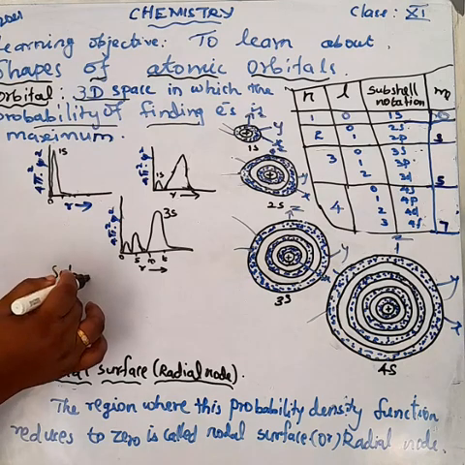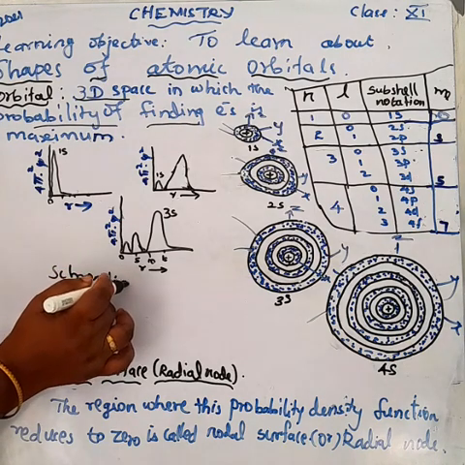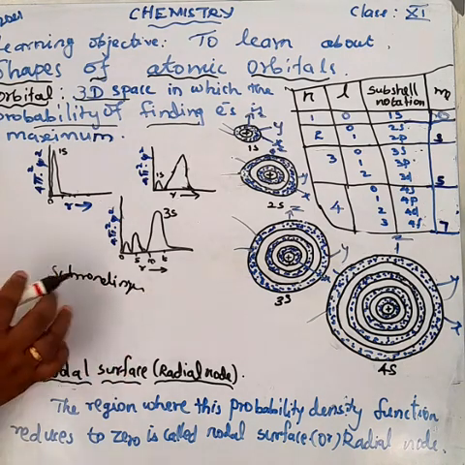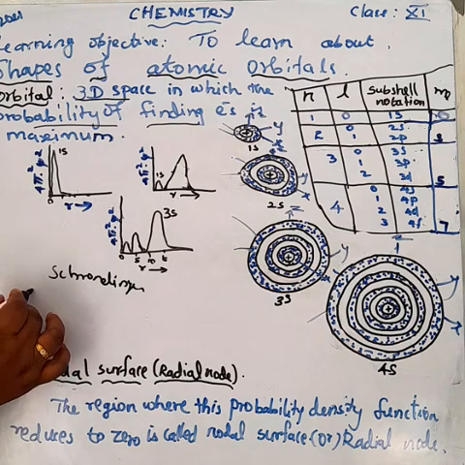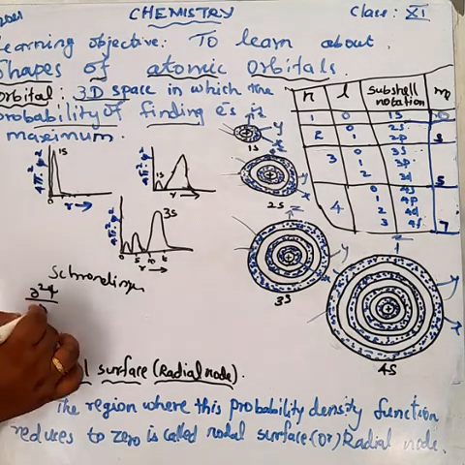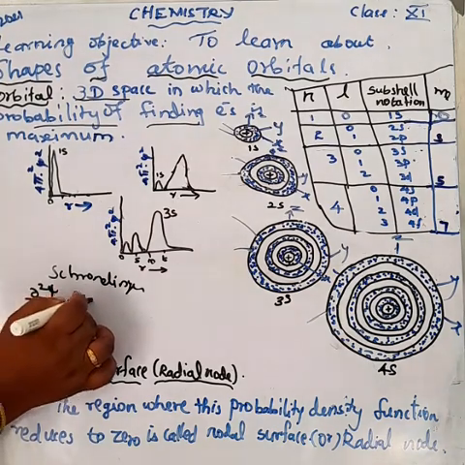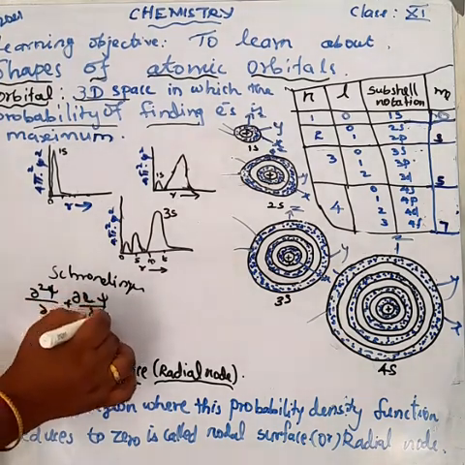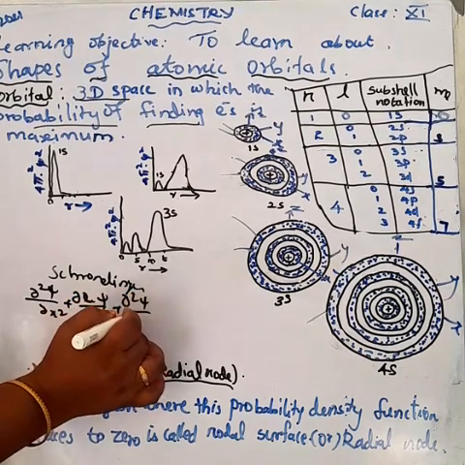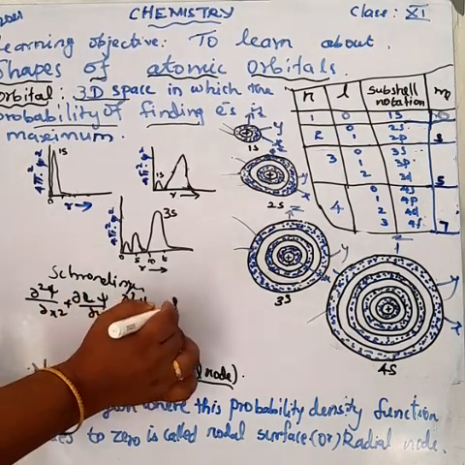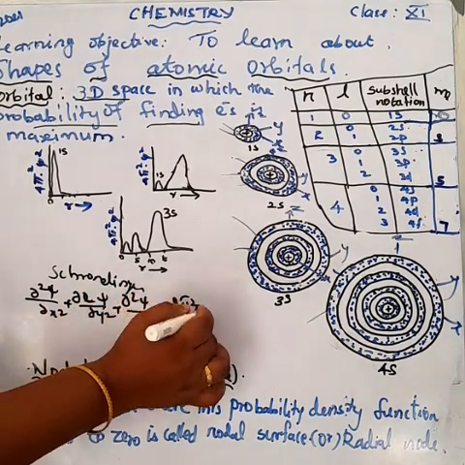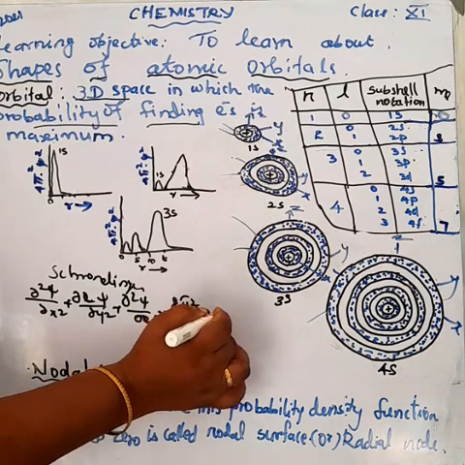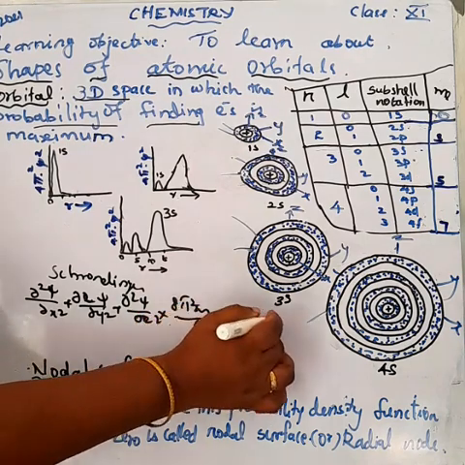The solution of the Schrodinger wave equation. What about the Schrodinger wave equation? We studied about that. The Schrodinger wave equation is: dou square psi by dou x square plus dou square psi by dou y square plus dou square psi by dou z square plus 8 pi square m by h square into (E minus V) into psi is equal to 0. This is the Schrodinger wave equation.